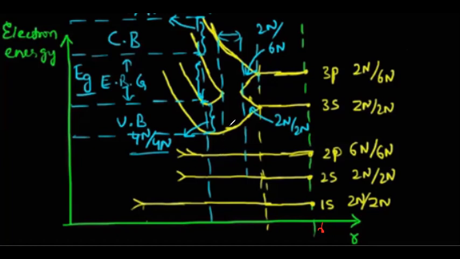So I've considered 4 lines, right? One line is the distance at which it started splitting. The second line is where the energy level of 3p and 3s merged together, right? We cannot further identify the difference in energy between 3s and 3p.